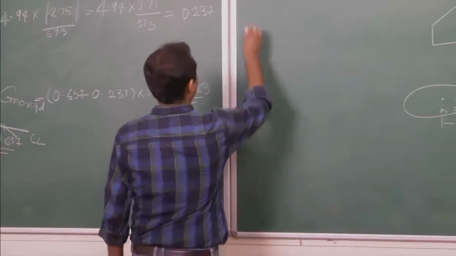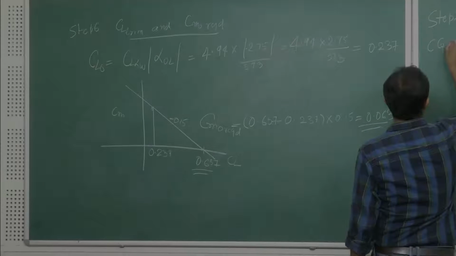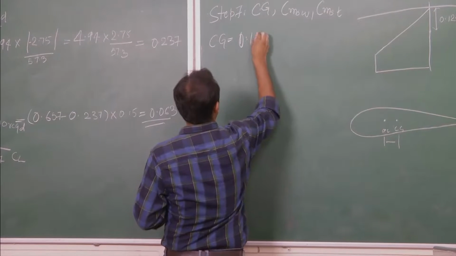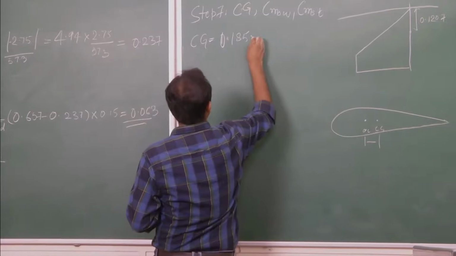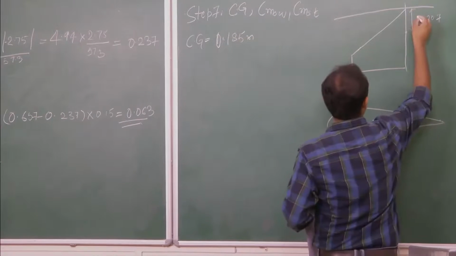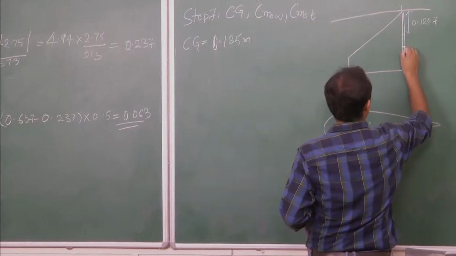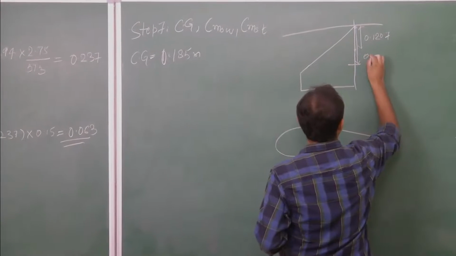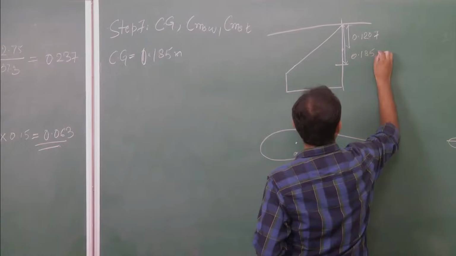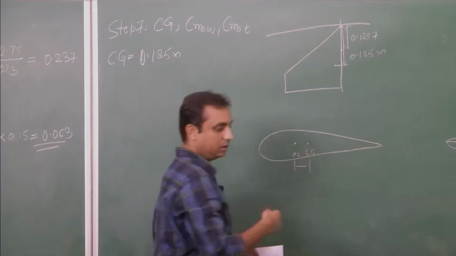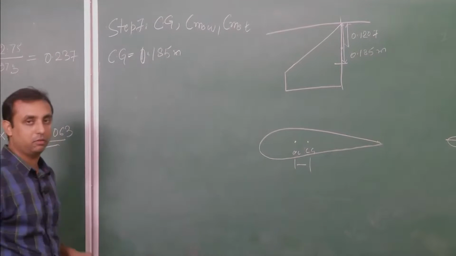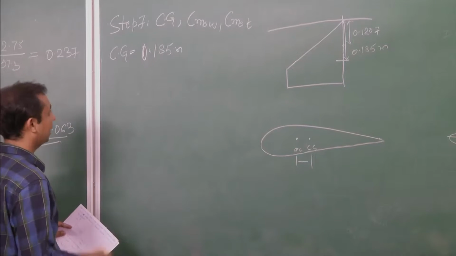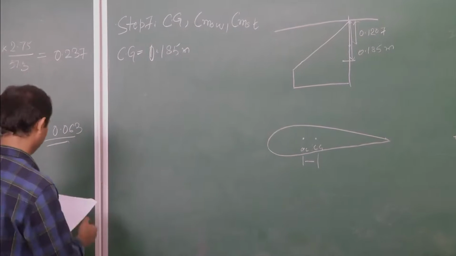So first of all, let me take CG as 0.185 meters from the wing horizontal position. You can change this CG and see what your result or the tail setting angle will be. This is just for my calculation.